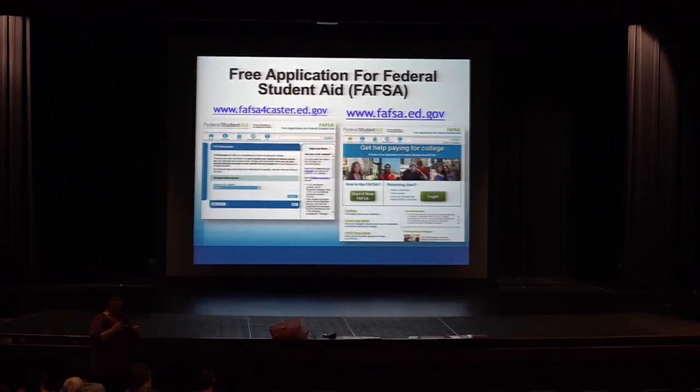There are some websites out there, even though the first word in the acronym FAFSA is free application for federal student aid, that ask for credit card information or debit card information. You're not on the right site if it does that. Never give financial information to pay for this application. It is free. Make sure the GOV is behind the FAFSA. Okay.